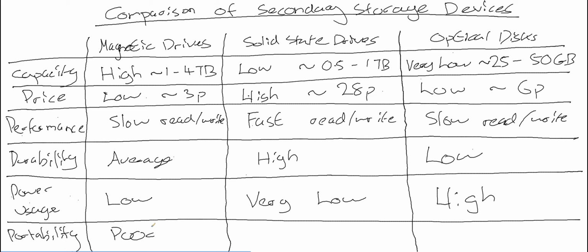Solid state hard drives, however, very portable. So good portability. It's because they've got a high durability, so it doesn't matter if they get knocked about when you're transporting them. They'll almost certainly still work when you try to use it again.